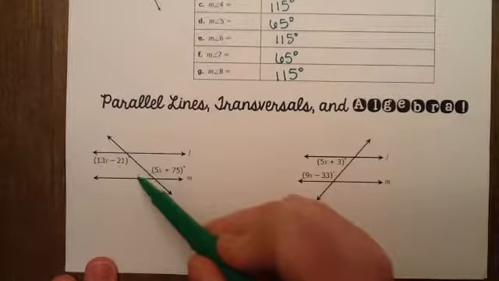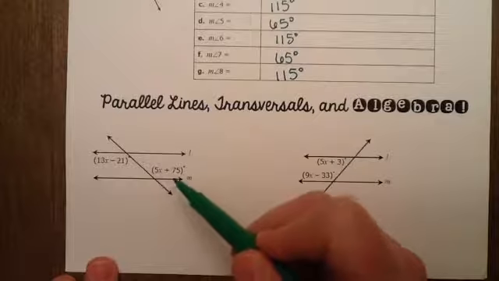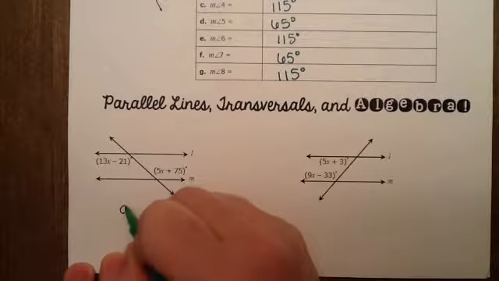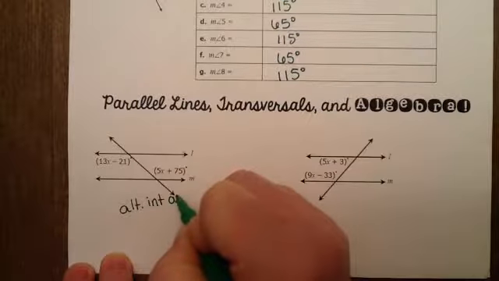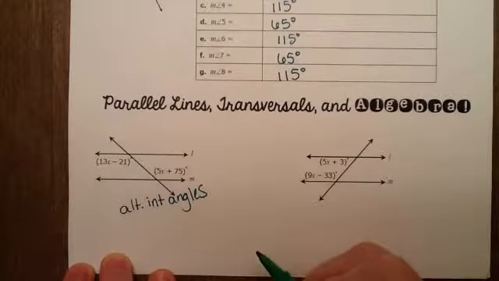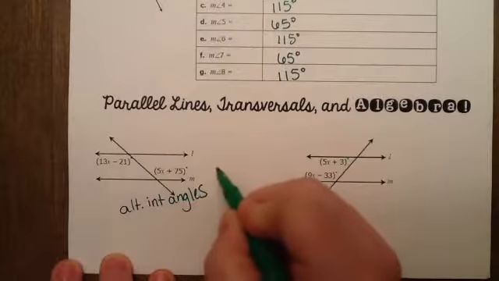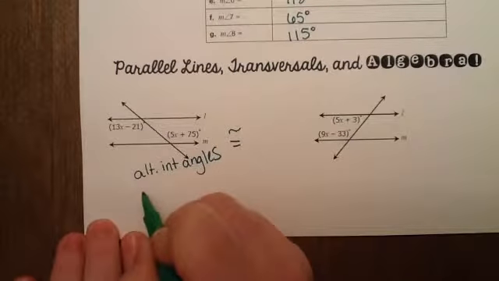Consecutive means they're on the same side of the transversal. Alternating means they are on opposite sides. Alternating. So these are alternating interior angles. What do you know about alternating interior angles? They are congruent.